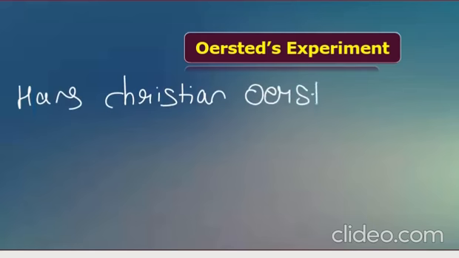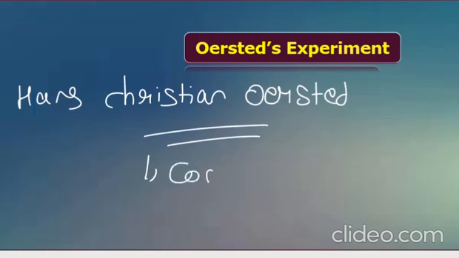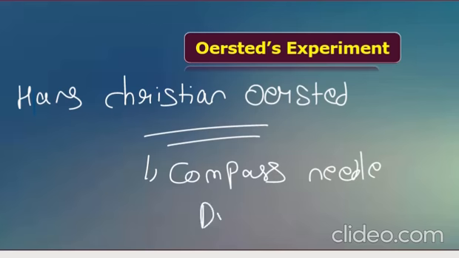He was the first person to discover the magnetic effect, with the compass needle deflection. In your 7th standard you might have got a very quick glimpse of his experiment. Due to this compass needle deflection, Oersted found the magnetic effect.